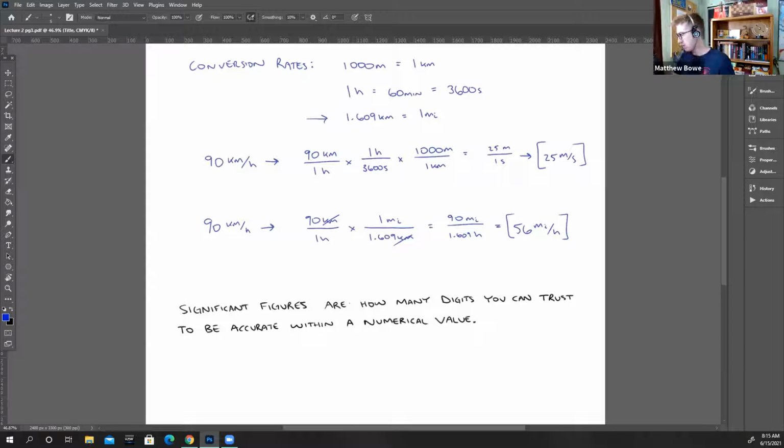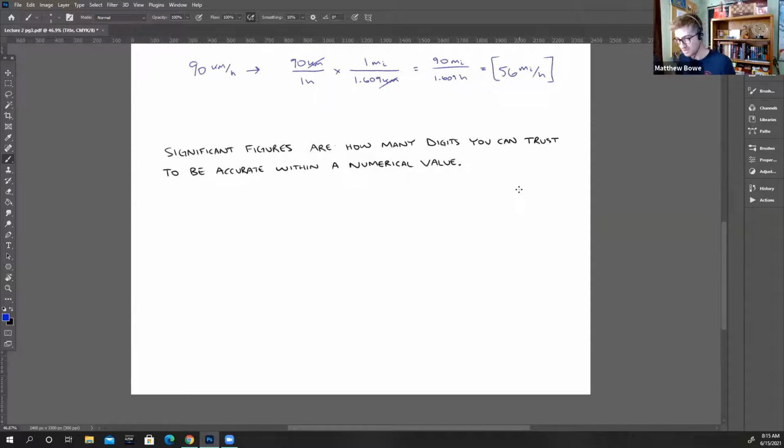Sometimes we'll be getting values that the calculator will just spit out. The calculator does not know when to stop giving the value. It doesn't know how precise you want, so it's just going to give you everything.